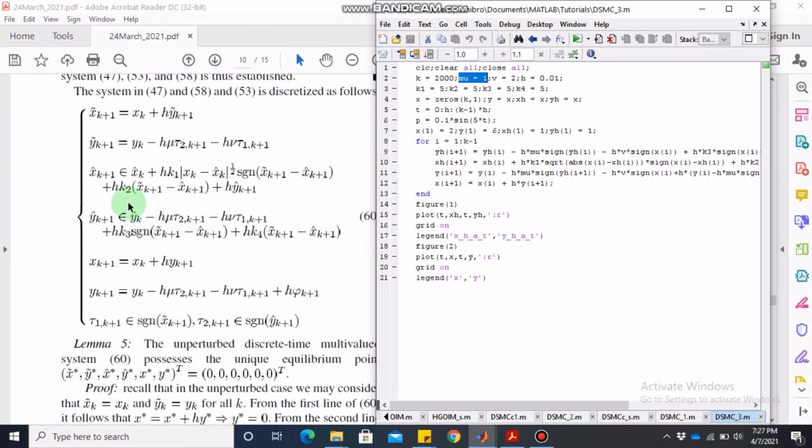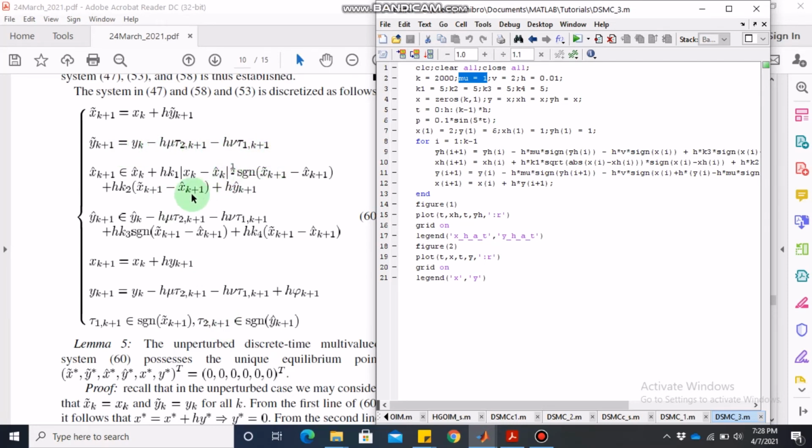then this y tilde is used, where is it used? Let's see, y tilde, we don't have y tilde here. I am unable to find y tilde anywhere.